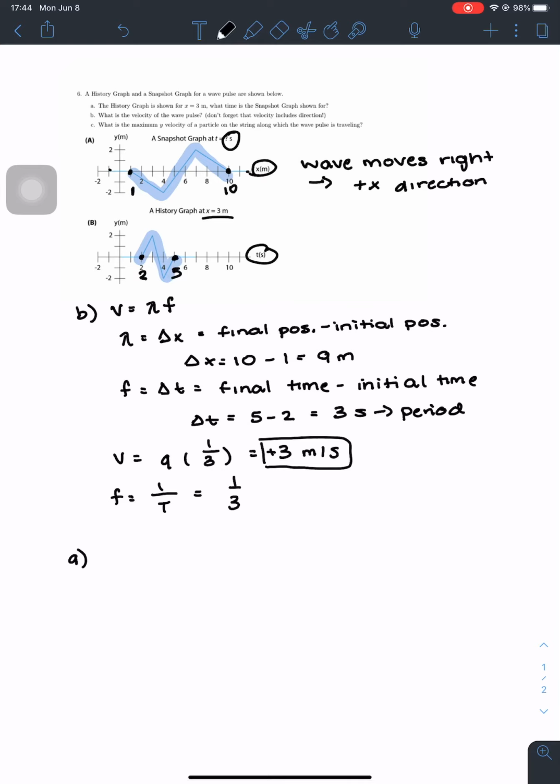And it says, what time is the snapshot graph shown for? And to do this, we have to figure out what formula to use. We're looking at the overall time in the snapshot graph and not just one instance.